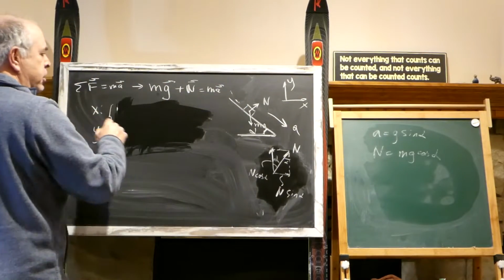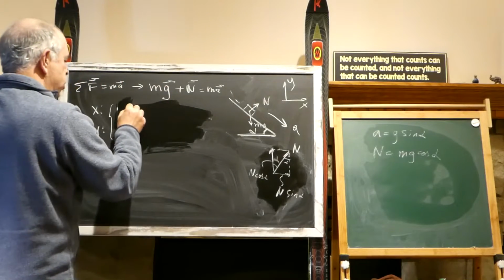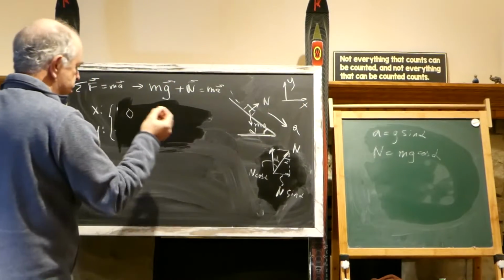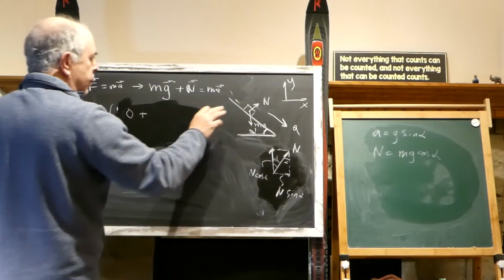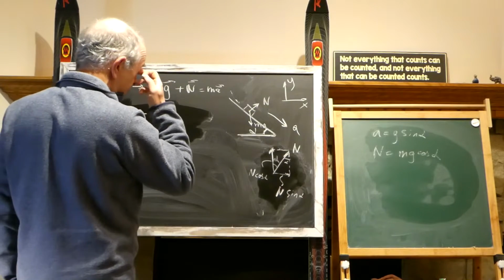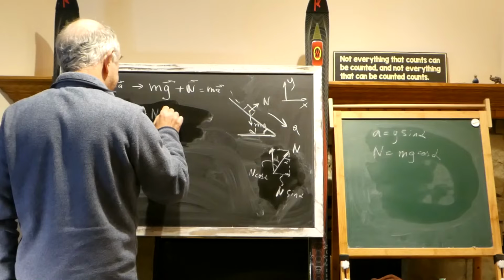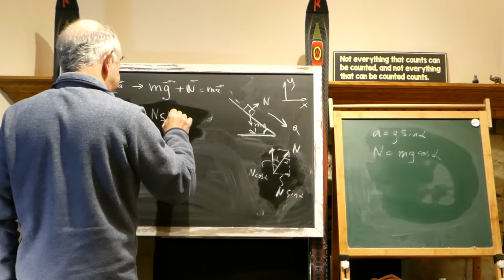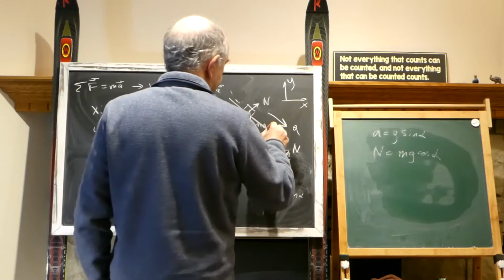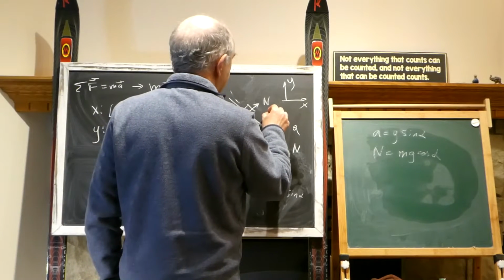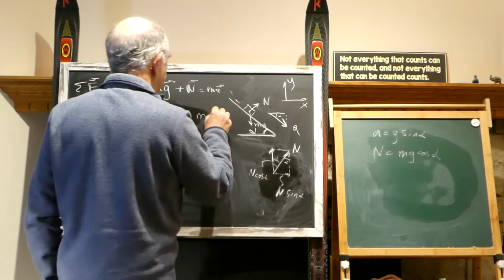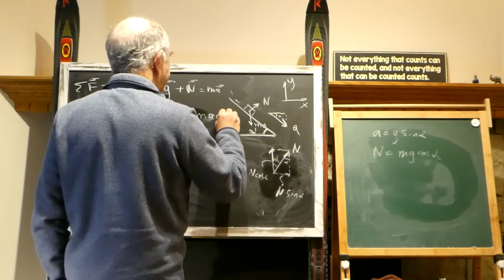So mg I am projecting on x. mg has 0 because mg is vertical, x is horizontal, there is no projection. N projection, I just got it, this is N sine alpha, right? So I get N sine alpha equals m times a. Now a is in this direction, and if this is the angle alpha, then the projection would be ma cosine alpha.